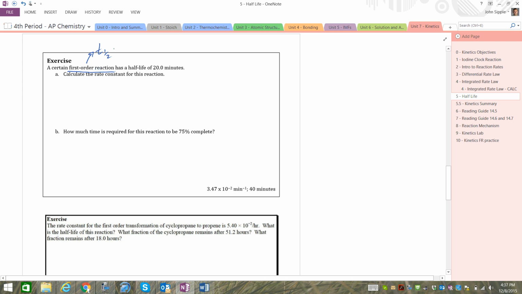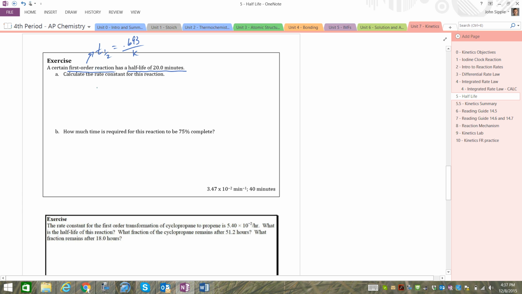That means that T1/2, the half-life equation, is 0.693 over K. It's a first-order reaction that has a half-life of 20 minutes, and they want us to calculate the rate constant for the reaction. So all we have to do is just plug and chug.